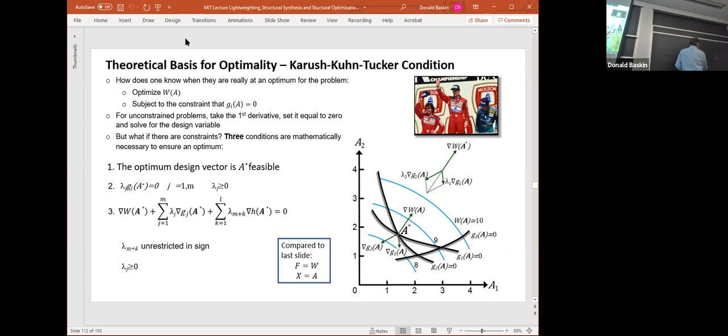Now you can also, as it turns out, do the same thing with the constraint g. You can start thinking in terms of tangents and gradients for the function g as well. Subject to this constraint g, you can think about how this might look.